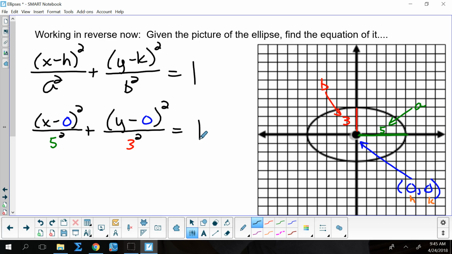So to make that look nice and pretty, we would just say x squared over 25 plus y squared over 9 equals 1. And that is the equation of that particular ellipse.